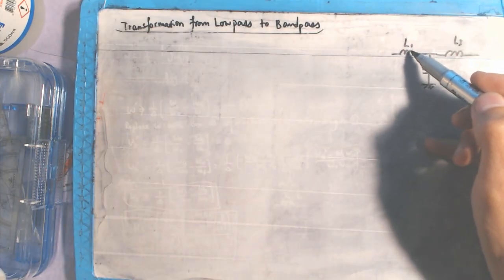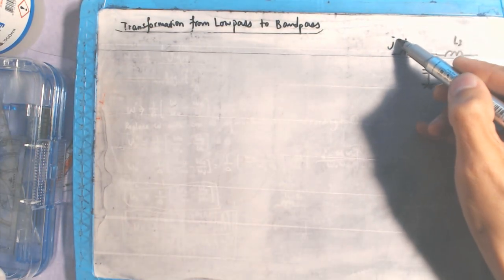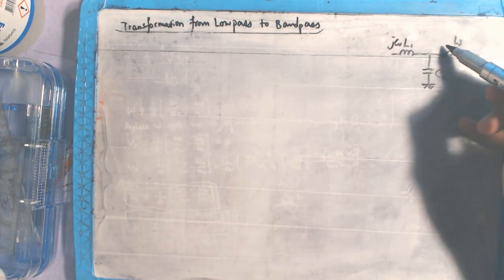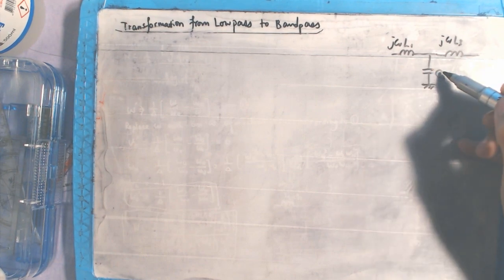In terms of impedance, this one is going to be j omega L1, and this one is j omega L3. And this one here will become a shunt capacitance.